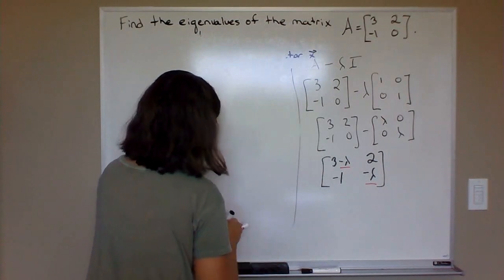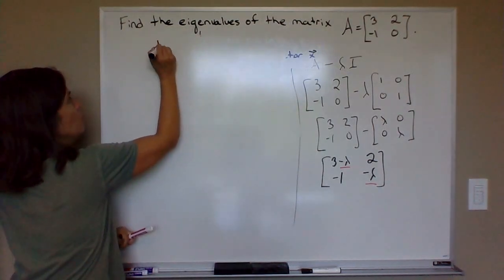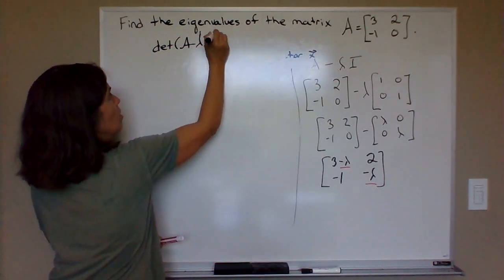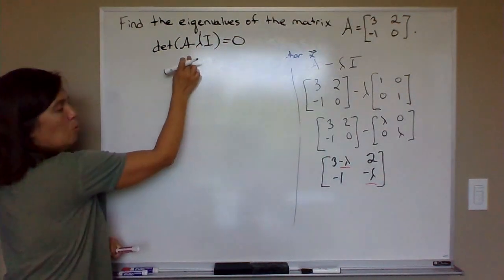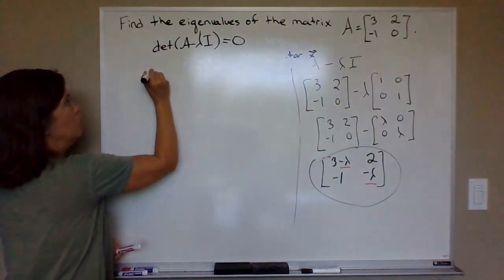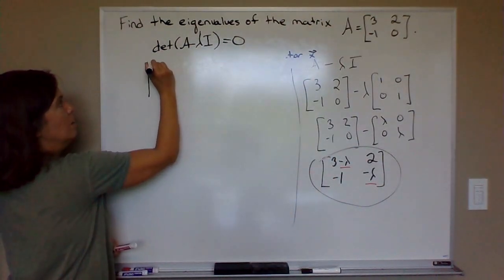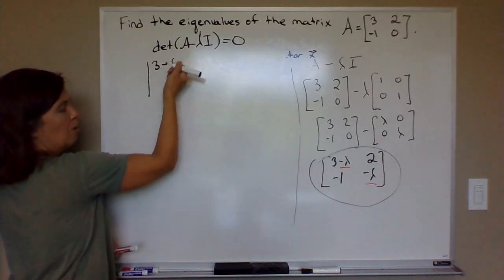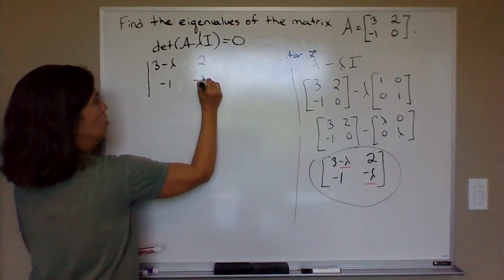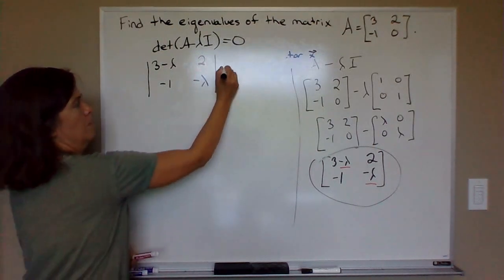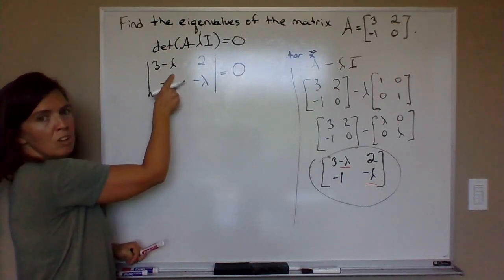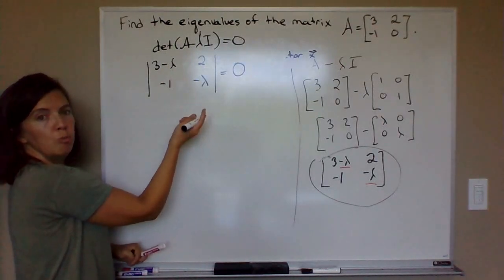So I'm going to come back to this side now. The plan is to find eigenvalues by solving this equation for lambda. Now we have the A minus lambda I matrix is this guy right here. So we want the determinant of that. I'm going to denote that with these vertical bars, like absolute value bars. And to find the determinant, we do this sort of cross-multiplying thing for a 2 by 2.